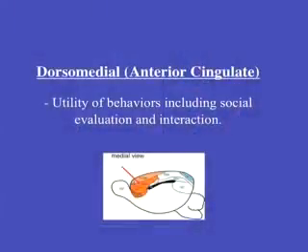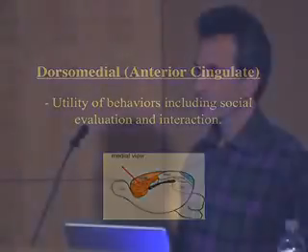So again, the part of the frontal cortex that's small in these animals is the dorsal medial, which is also called the anterior cingulate, which is very famous in neuropsychiatry. Some people describe the anterior cingulate as being important in deciding the utility of behaviors, how useful a behavior is for the animal.